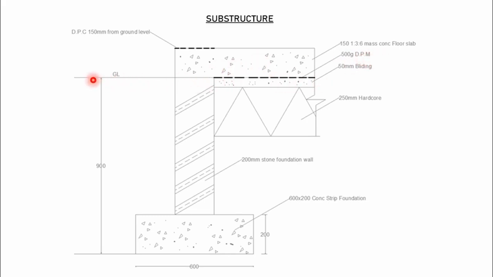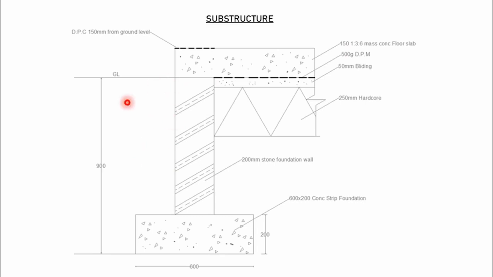And from that level, notice that we measured 50 millimeters to get the blinding. That's a blinding. Then measure another 250 to get the 250 hardcore. Remember, this has not been given, and this has not also been given, and so those are some of the things that we are assuming.